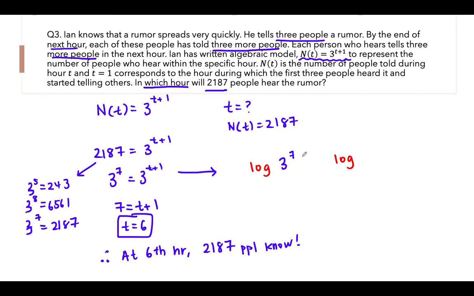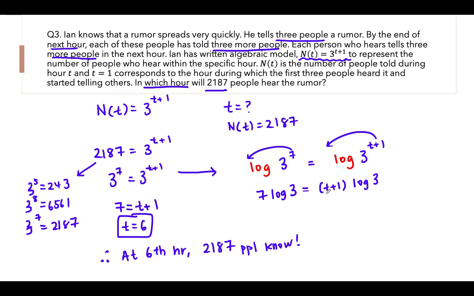Log of 3 to the 7 equals log of 3 to the t plus 1. Again, I'm going to bring the exponent to the front. So it's 7 log 3 is equal to t plus 1 times log 3.